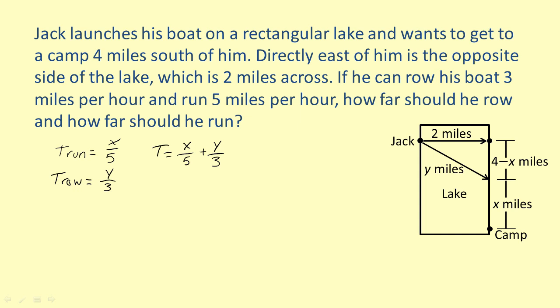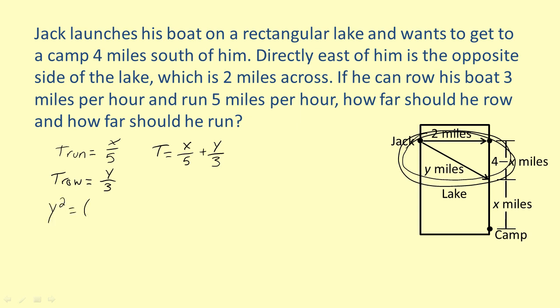Let's find another equation from the given information that we want to use to write the equation for t using a single variable. Notice that a triangle is formed in the figure. We can find the length of y in terms of x using the Pythagorean theorem.